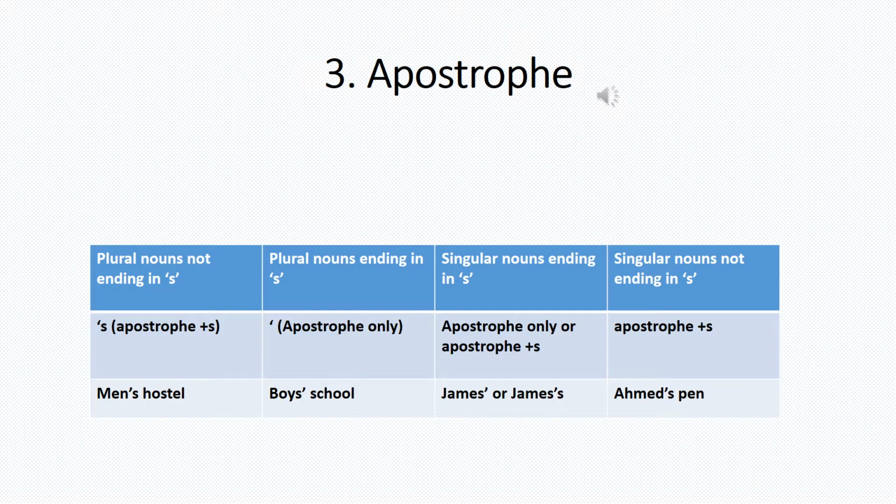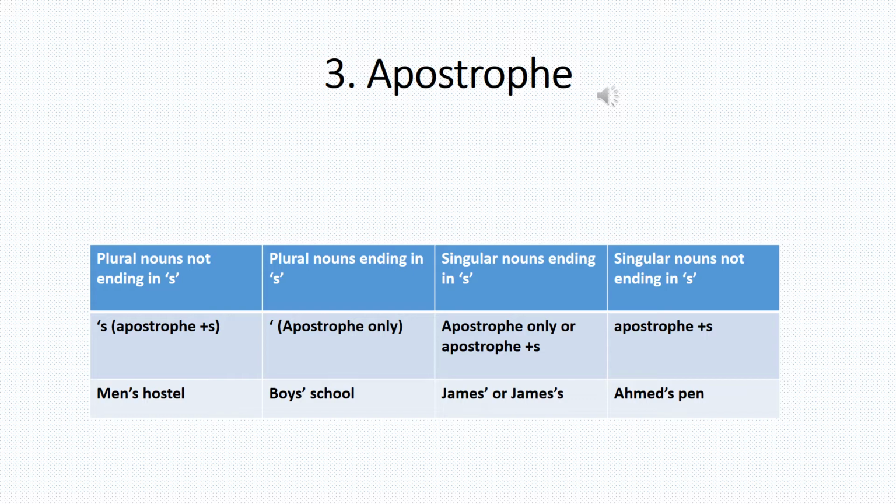Clear? And the second column, you see, plural nouns ending in s. In most cases, plurals are ending with s, right? In this case, we have to use apostrophe only, no need for any s. For example, here, boys' school means the school belongs to boys, where boys are learning. What will happen if you're using apostrophe s here?